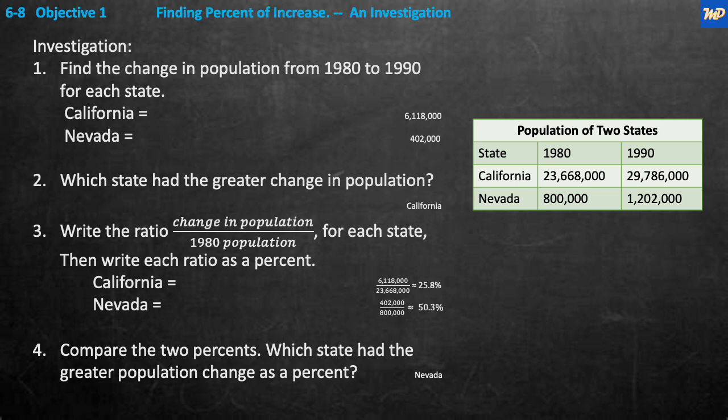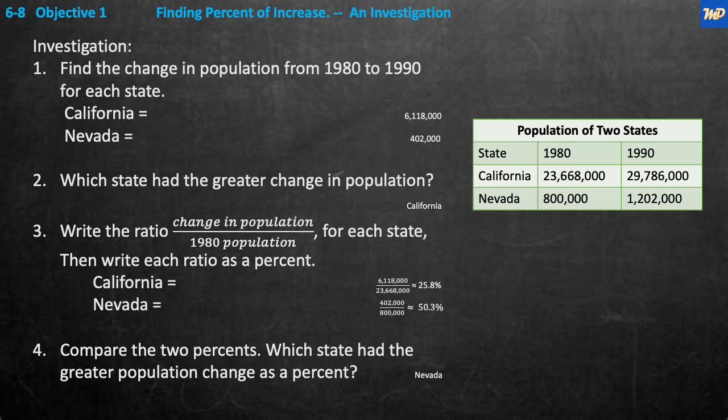This is an investigation. So find the change in population. First of all, we're going to find the change in population from 1980 to 1990 for each state. The two states, California and Nevada. And the way you do that is you subtract the oldest numbers from the most recent numbers.